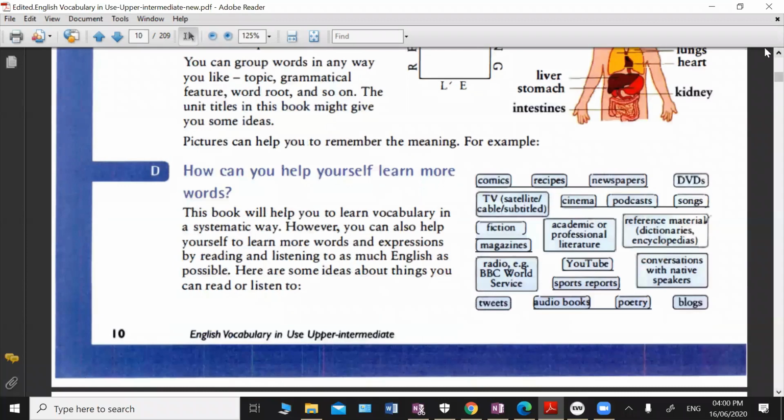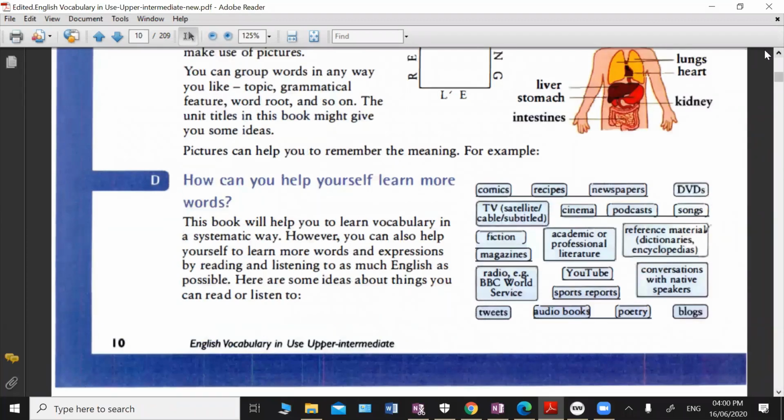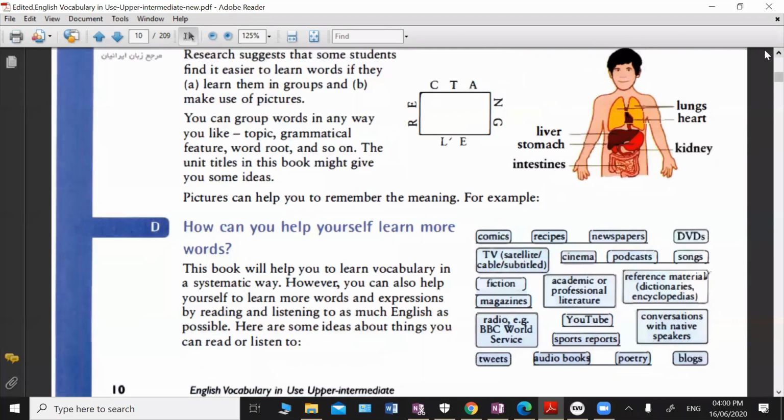Then we also studied that if you want to memorize the word and keep the word with you forever, you should create a picture or an image of a word in your mind.